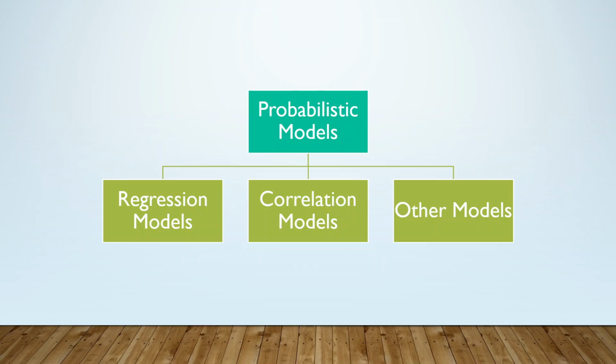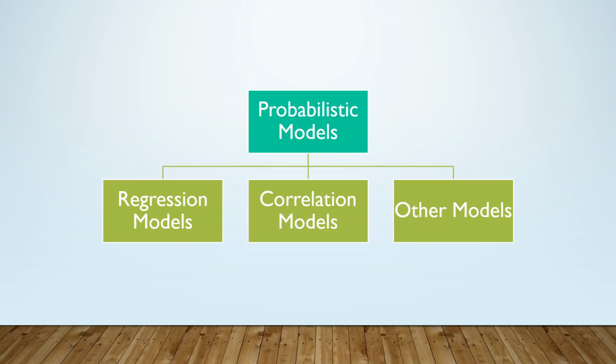The lecture on Bayes theory was dependent on probability logic. Those models that are based on the probability concept are known as probabilistic models. These models can be of three types. One is the regression model, which is what we are going to talk about.